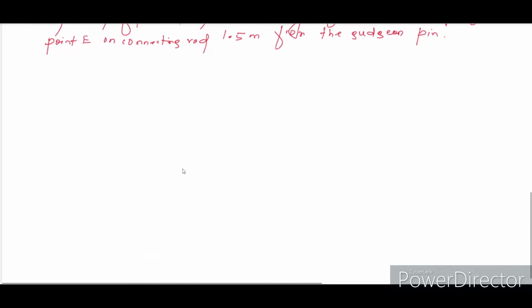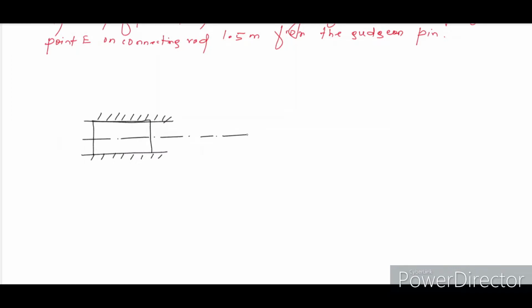Now the schematic will be like this. Let's say this is your slider. Draw the center line. Then this is our connecting rod. This will be your crank.